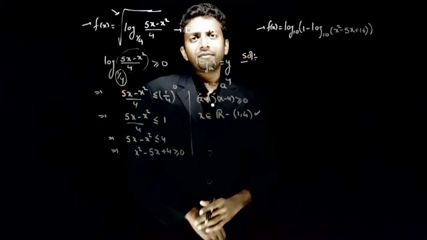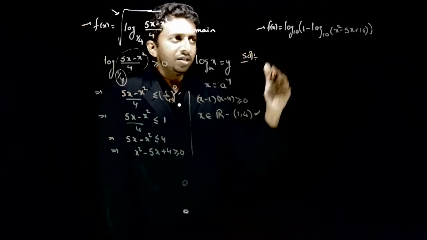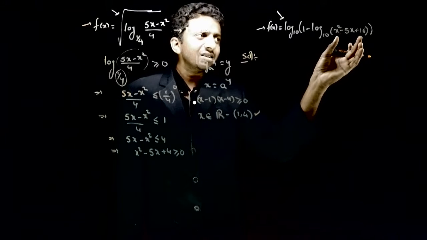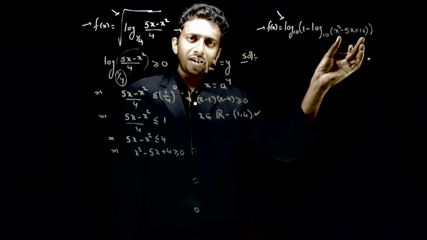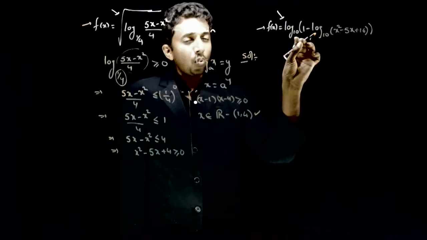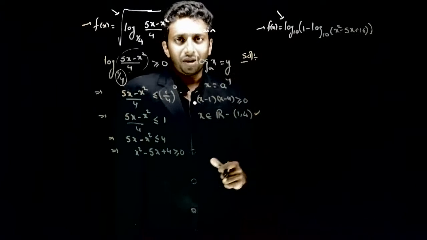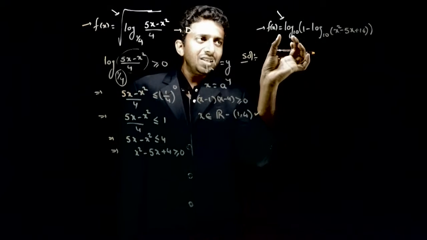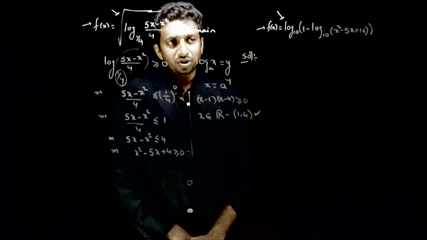So सबसे बाहर वाला फंक्शन क्या है? What is the outermost function? Is this log? क्योंकि x is first initially going into this quadratic function, इसके बाद log अप्लाई किया, 1 माइनस किया, इसके बाद फाइनली log अप्लाई किया. So this log to the base 10 is the outermost function.